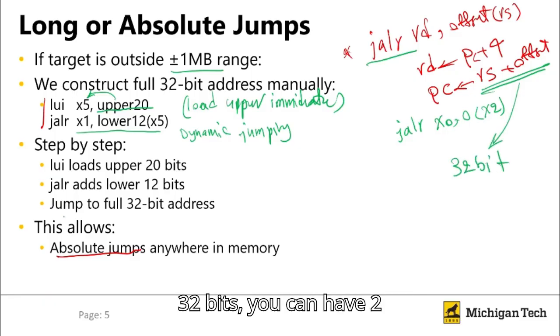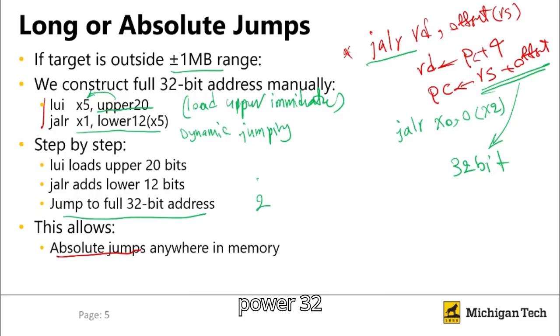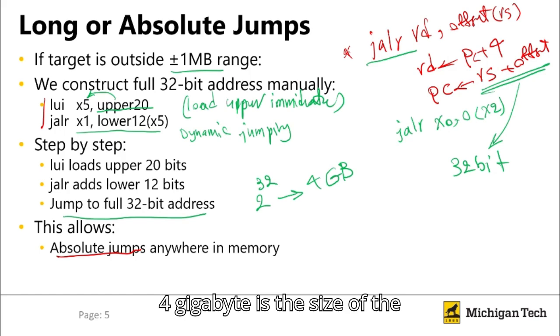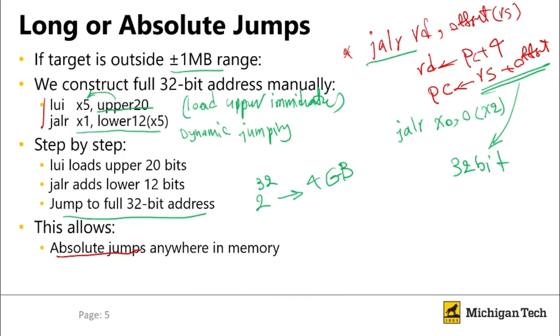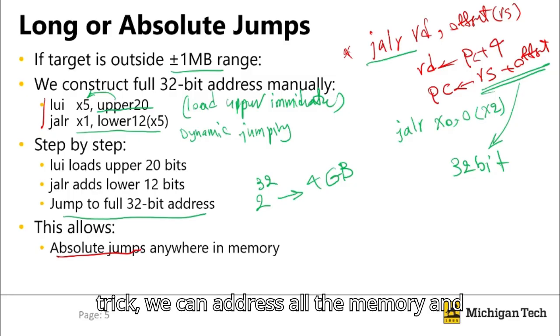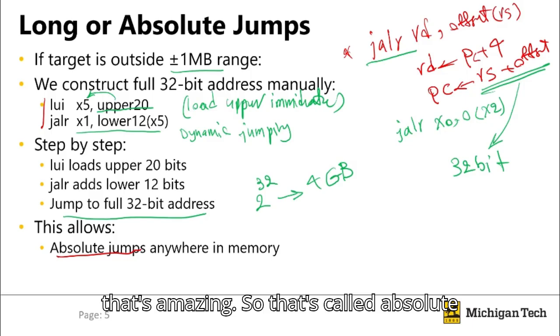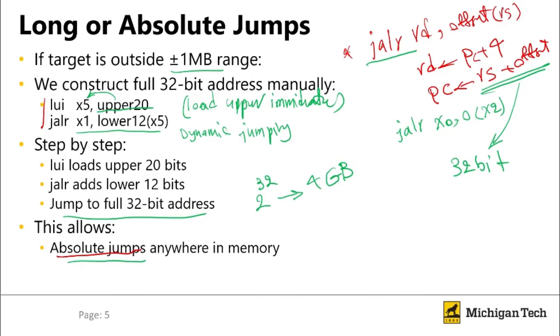So with 32 bits, you can have 2 power 32 addresses. So it means 4 gigabyte. Giga is 2 power 30. So 4 gigabyte is the size of the memory that this RISC-V is supporting. So with this trick, we can address all the memory, and that's amazing. So that's called absolute jump.